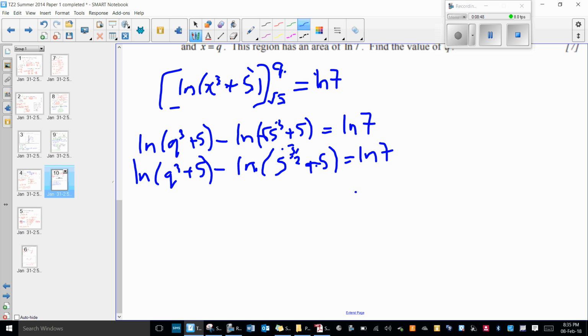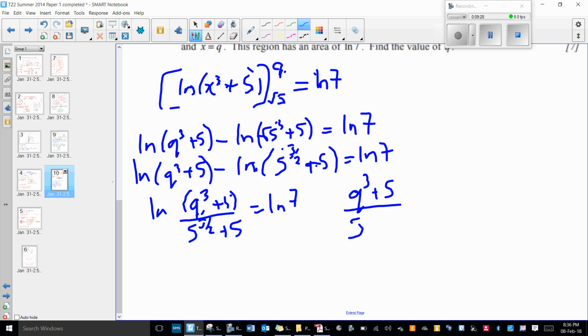So we've got ln of q cubed plus 5 over 5 to the 3 over 2 plus 5 equals ln 7, which means that q cubed plus 5 over 5 to the 3 over 2 plus 5 equals 7. Right, let's rearrange this.